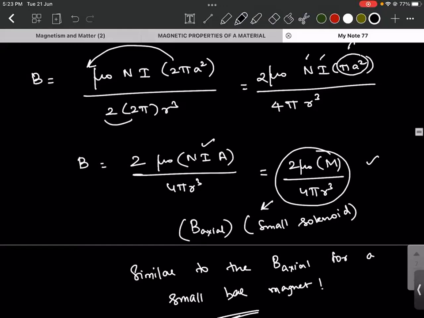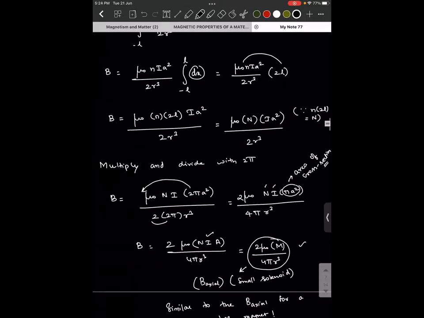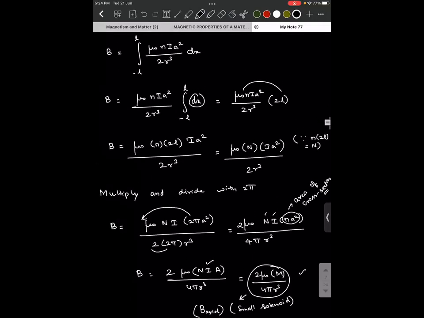So first copy it. How is NIA equal to M? That is the definition of magnetic dipole moment, no?